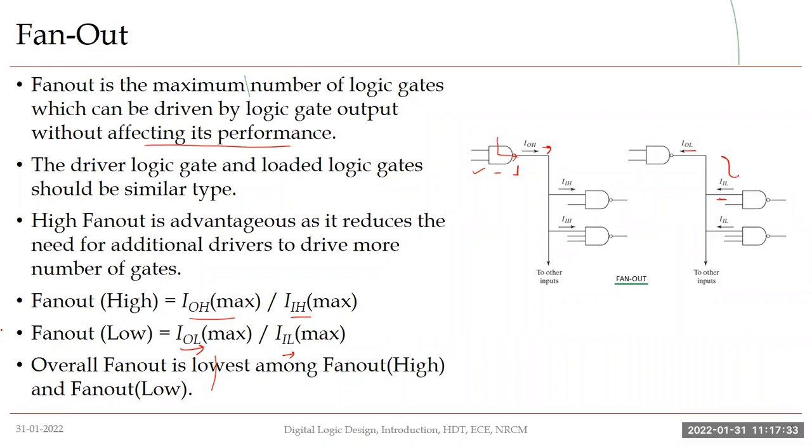The overall fan out is the average of these two values. So the current helps us decide the fan out of a device. The higher the fan out, the more circuits we can drive and the more efficient the system. But to make a system with higher fan out, your circuit itself can become bulky. So we cannot extend fan out to infinity. There is a limitation to everything.